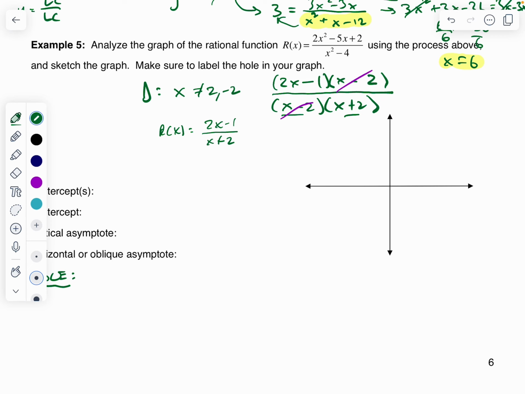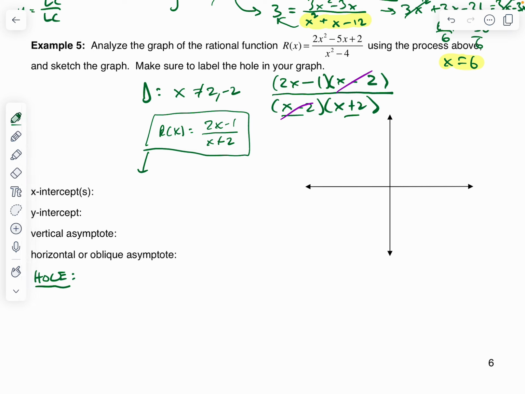And so we're going to use this to find all the details now. So the x-intercept, if you set the numerator equal to 0, you're going to get x equals 1/2. If you plug in 0 into the x's, all that would be left is -1 divided by 2, which is -1/2.